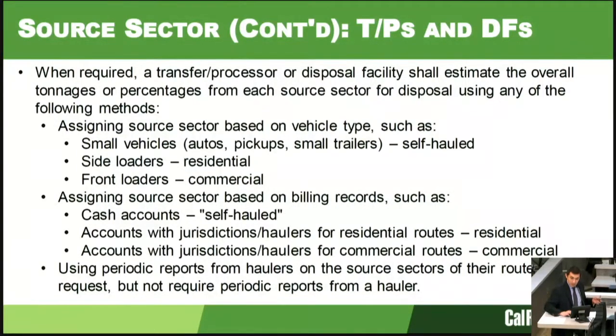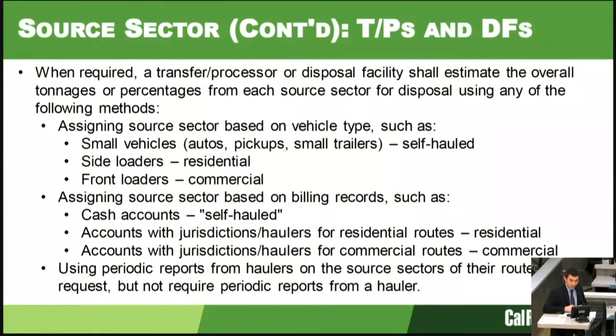All right, another way you can assign source sector if you're a transfer processor or a disposal facility is to use billing records. So cash accounts you can call self-hauled.